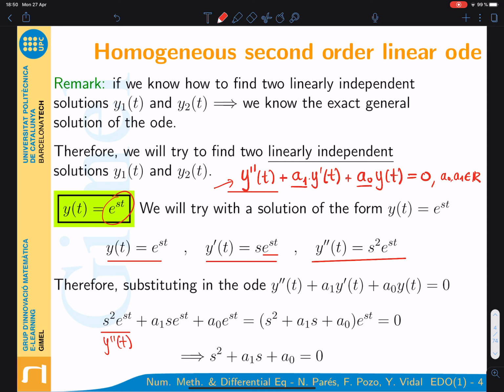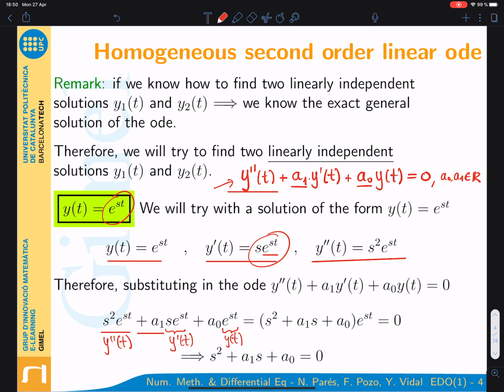Let's continue. Now, plus a1 y prime. So this is plus a1, and this is going to be y prime. You can check that y prime is s times the exponential as we wrote here. We continue. Now plus a0 times y, so this is y.